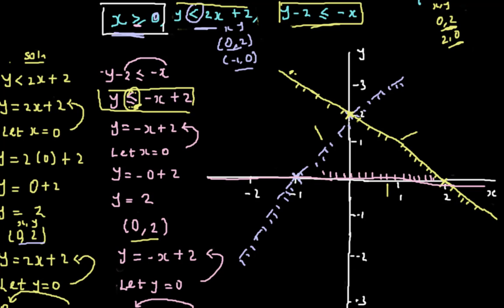So if we join these 3 points together, it means that where we'll be shading would be within this triangle. Now look, this has to be below, so we come down. So this shaded part is the part we need to show. Now we can confirm it's below this, it's below this, and it's above this, which means that we are correct.